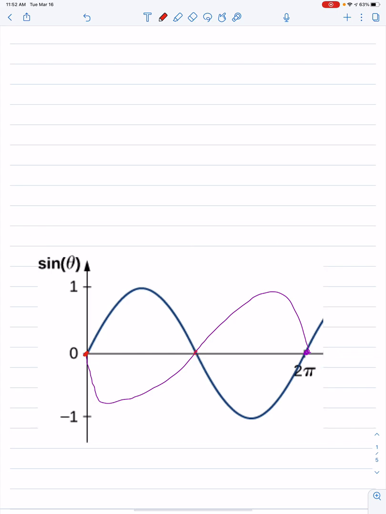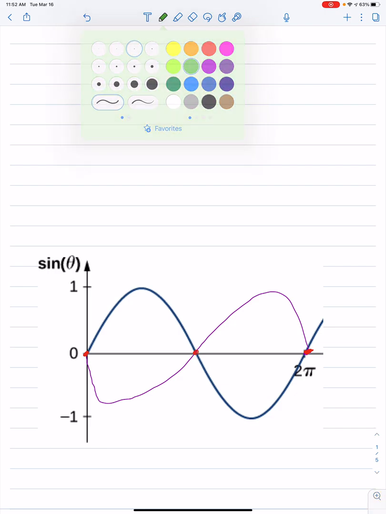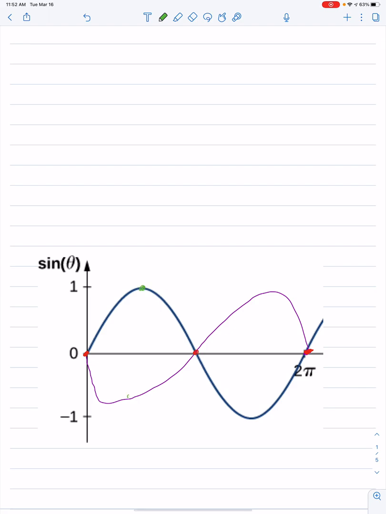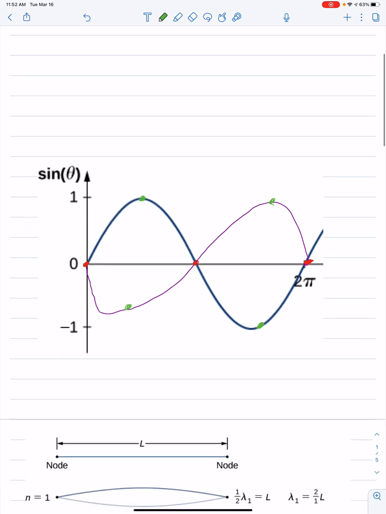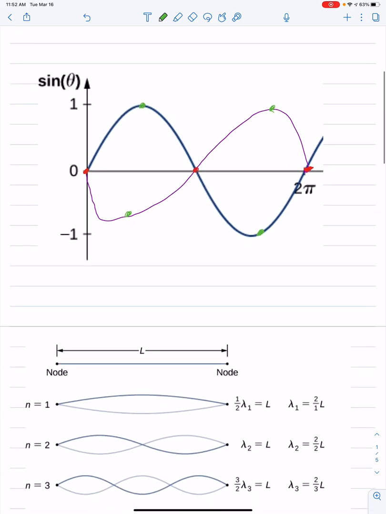Over here, these are equilibrium positions. However, an antinode is the maximum displacement from its equilibrium position. Therefore, they are up top, over here. Those are antinodes. Okay, so now we understand a little bit of a gist of the standing wave.